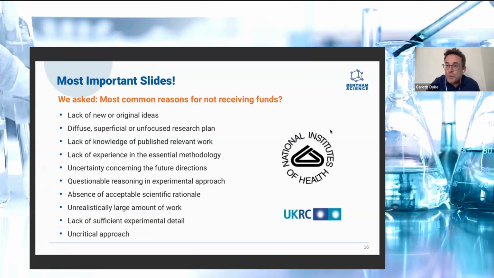Lack of new or original ideas, a diffuse, superficial or unfocused research plan, a lack of knowledge of the relevant published work. As we talked about, that's important when putting the proposal together.